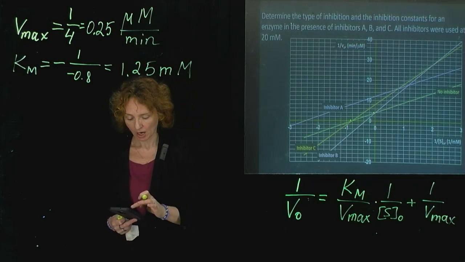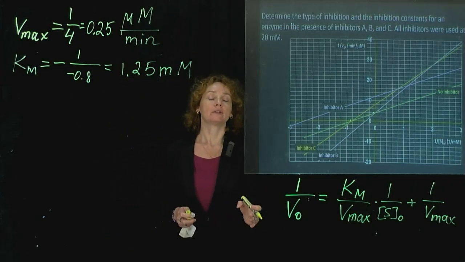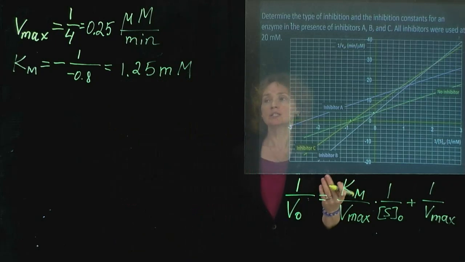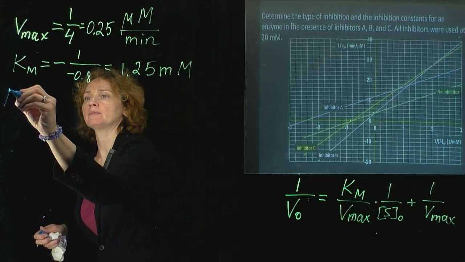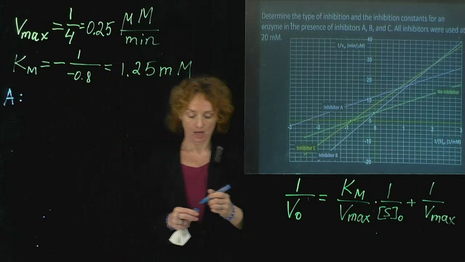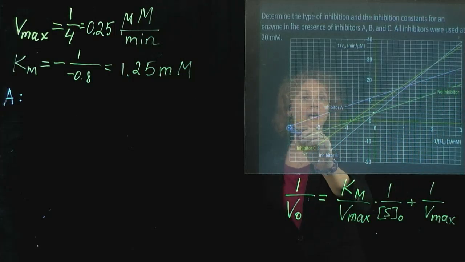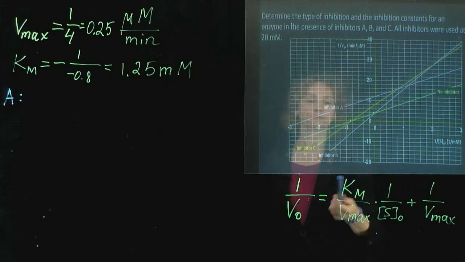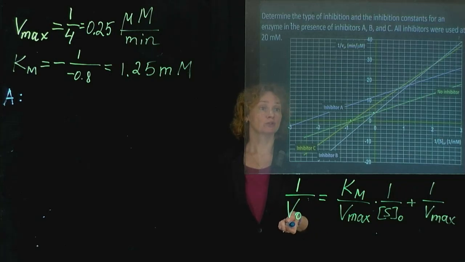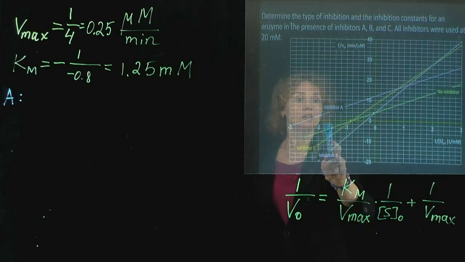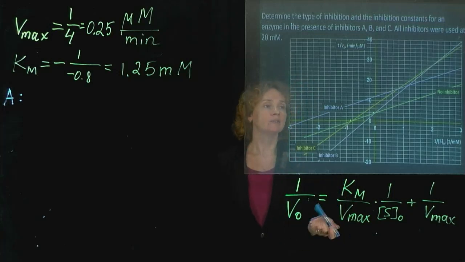So now I will proceed to the calculations for the inhibitors. We'll start with inhibitor A. Let's analyze the line that describes the kinetic parameters of this reaction in the presence of inhibitor A. It looks completely parallel to the corresponding line in the absence of inhibitor.